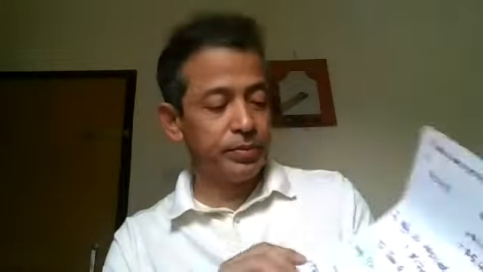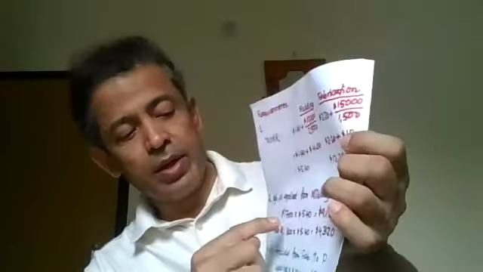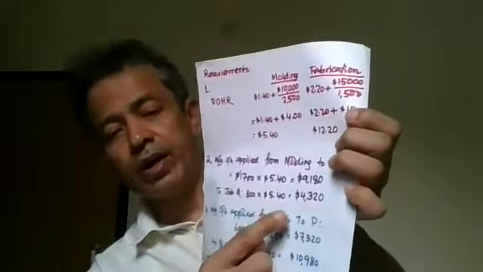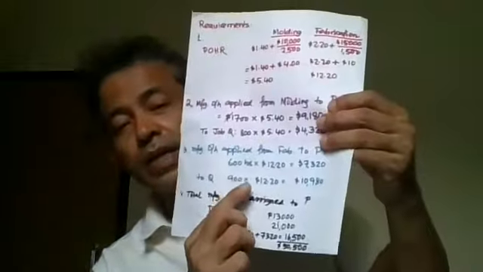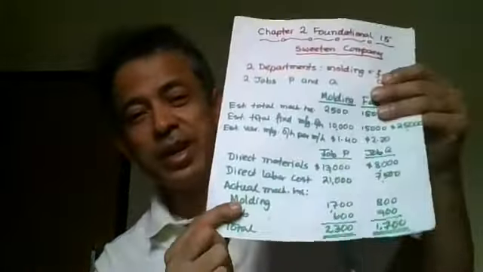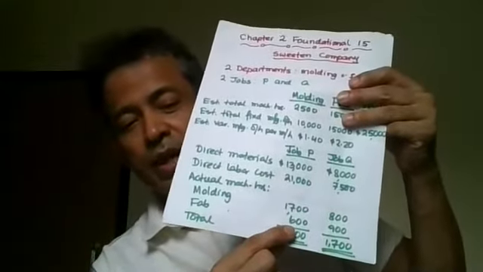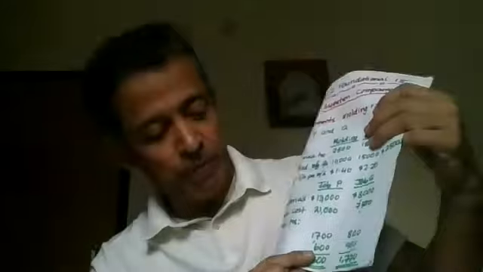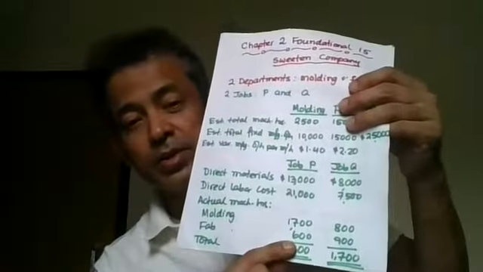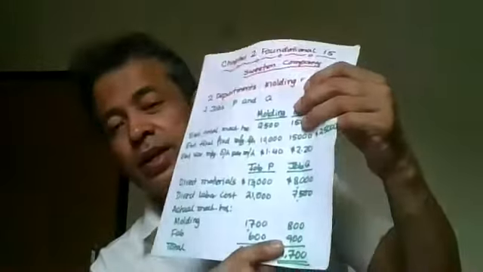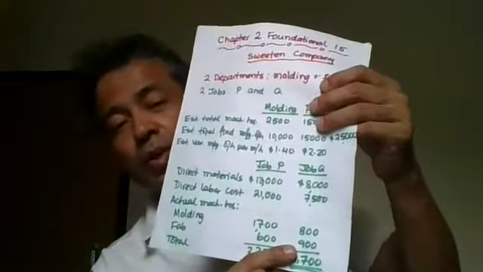And then manufacturing overhead applied from the fabrication department to P and Q are going to be 600 times $12.20, because fabrication's hourly rate is $12.20. Fabrication gave 600 hours to job P, so 600 times $12.20, and Q would be 900 times $12.20.